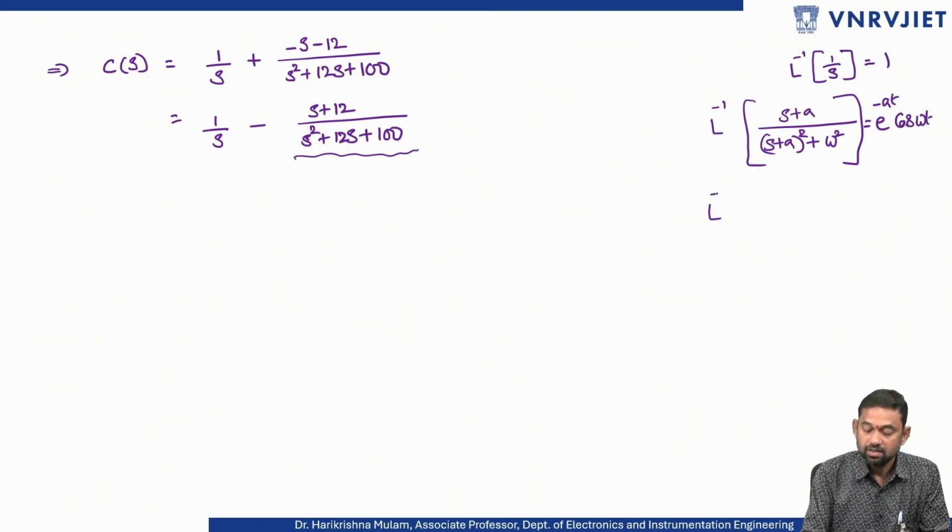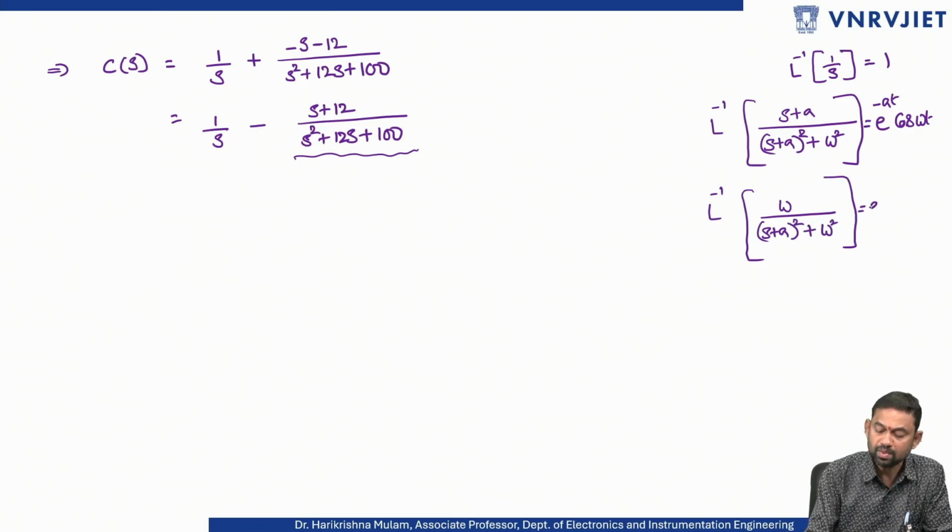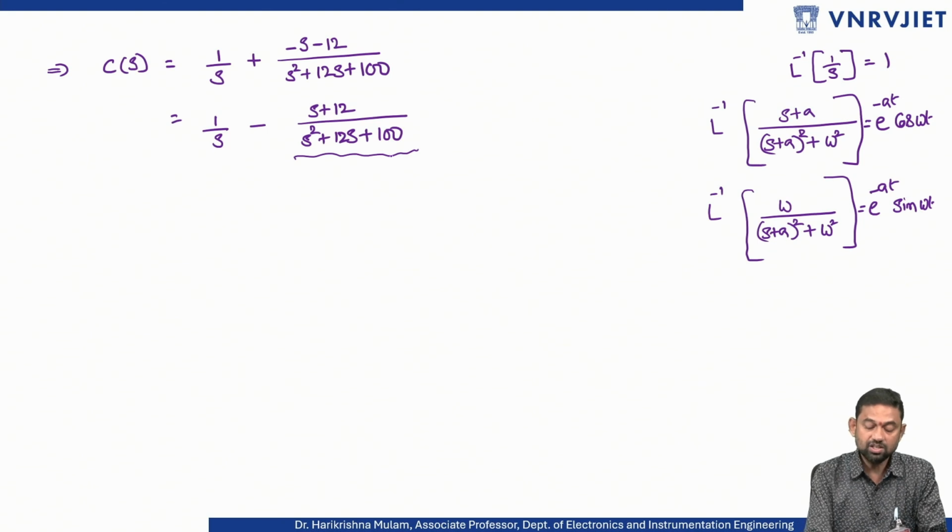Similarly, inverse Laplace transform of omega by s plus a whole square plus omega square is equal to e power minus at sin omega t. As there is no direct formula for this expression, I want to rearrange it in this form so that I can use these formulas.